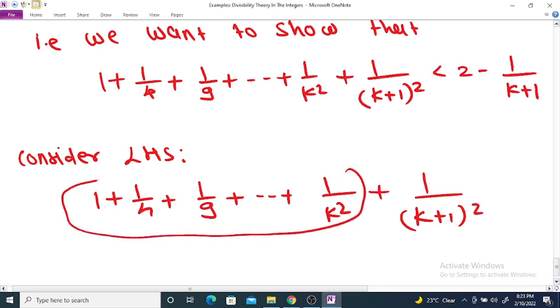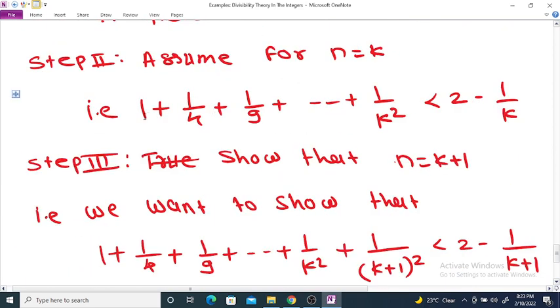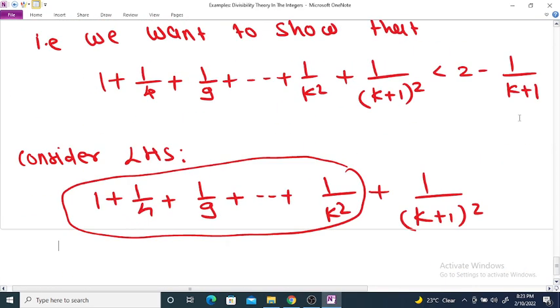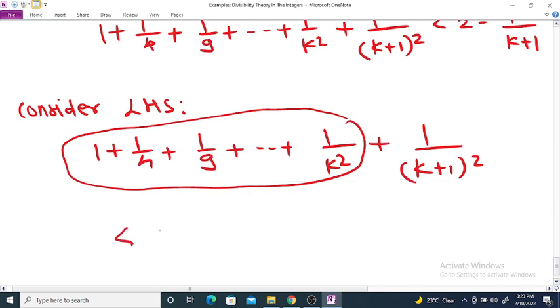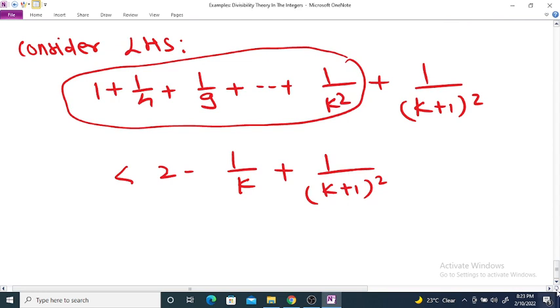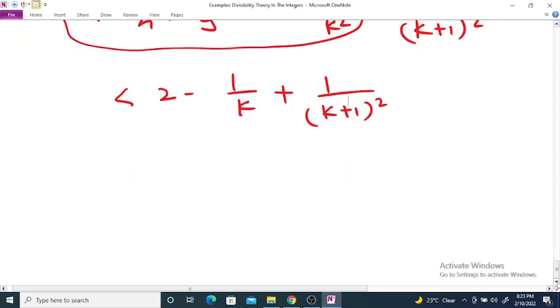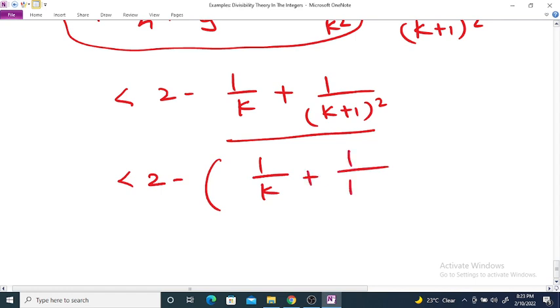Now the value of this bracket, by using step number 2, is less than 2 minus 1 by k. So this is less than 2 minus 1 by k plus 1 divided by (k plus 1) bracket square. Now from these two terms, if we take the minus sign outside, this is 2 minus, inside the bracket, 1 by k plus 1 divided by (k plus 1) bracket square.